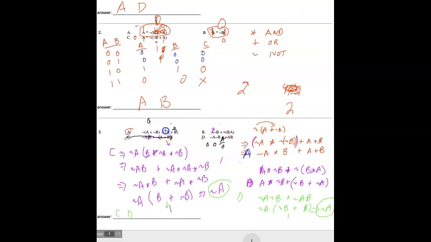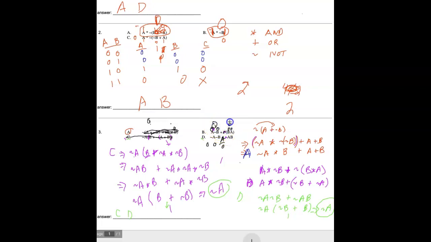And now let's decide whether B is a possible part of the answer or not. Again, let's plug in the 0, 0 as an ordered pair. 0 times the not of 0 is overall 0. Plus, working inside the parentheses out, 0 times 0 is 0 in there, but the not of that 0 is 1.